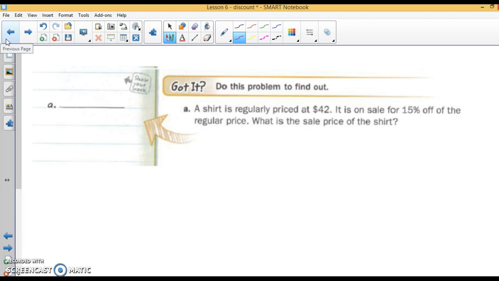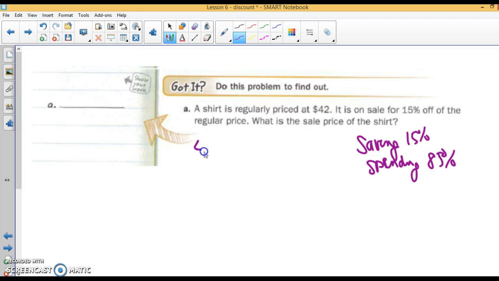All right, let's do this one. A shirt is regularly priced at $42. It is on sale for 15% off. What is the sale price? Well, let's do it by method 2. It's quicker. If we are saving 15%, does that mean we are spending 85%? 100 minus 15 is 85.